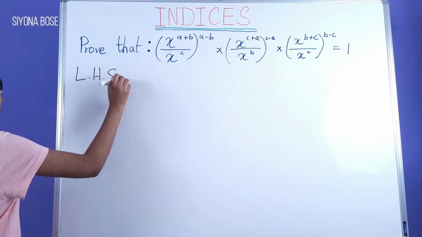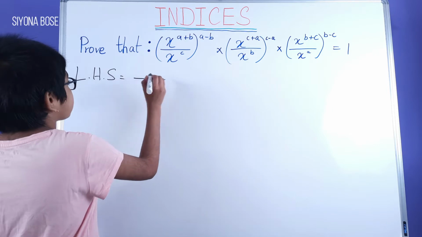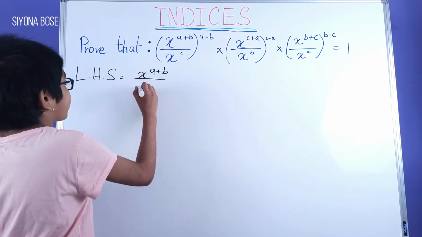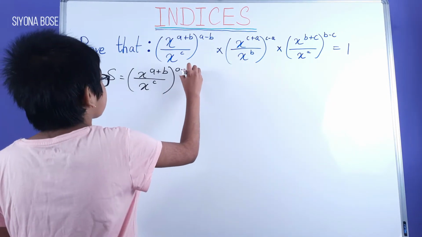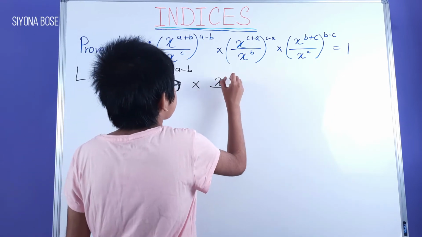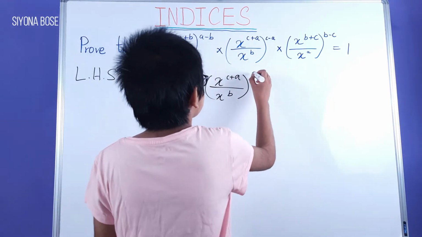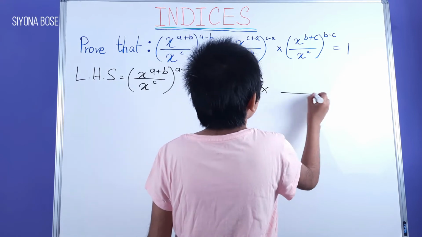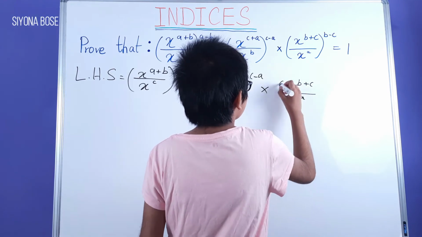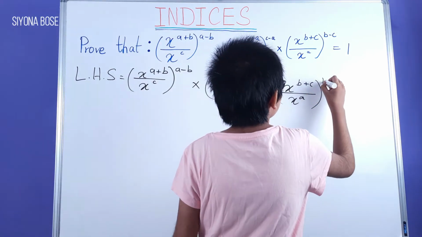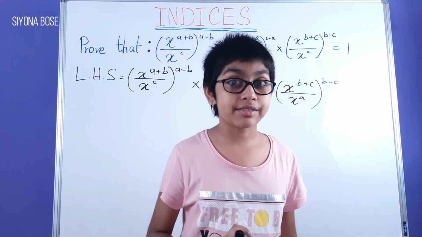LHS equals, now we have to copy down this entire thing. (x^(a+b) / x^c)^(a-b) × (x^(c+a) / x^b)^(c-a) × (x^(b+c) / x^a)^(b-c). We have copied the LHS down.